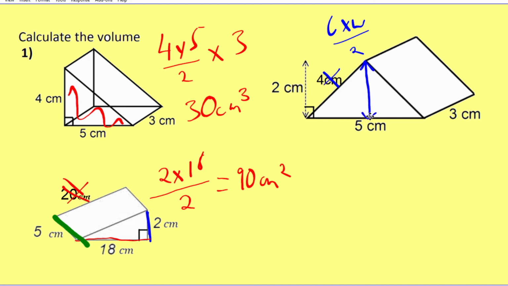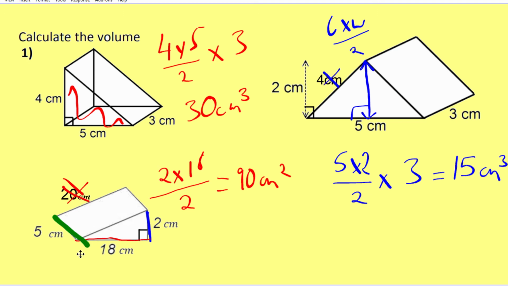If we can see, it's got a right angle. So the perpendicular height, the height straight up. So it's 5 times 2 divided by 2 and then multiplied by the depth, which is 3. So 5 times 2 is 10, divided by 2 is 5, multiplied by 3 is going to give us 15 centimeters cubed. Okay, that's your volume of triangular prisms.